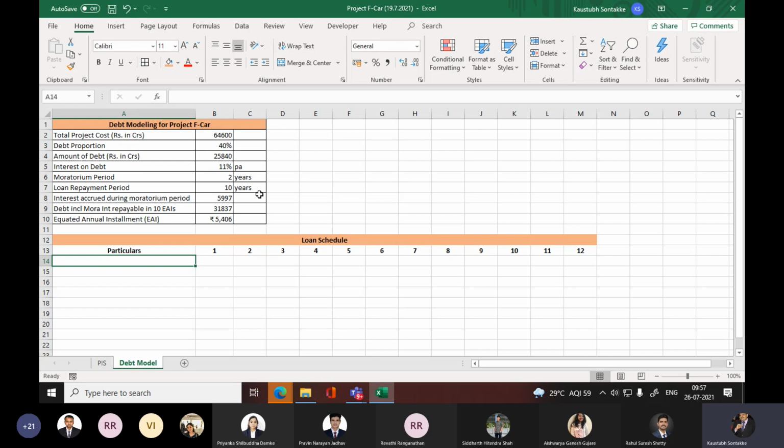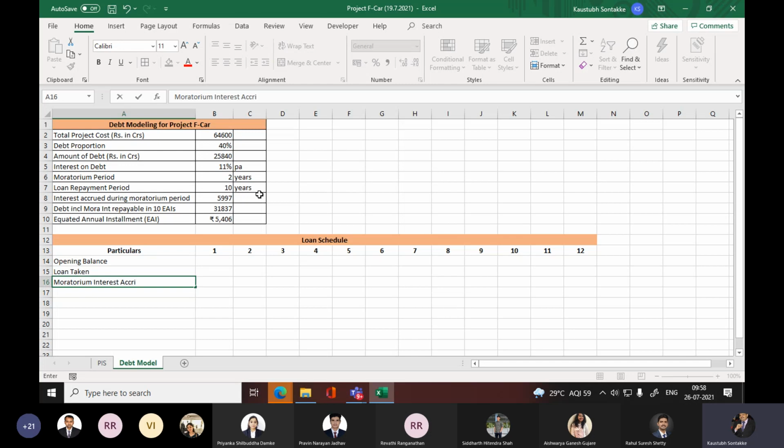One by one. So you can say first, have you prepared these particulars and all the years? Yes, sir. Okay, then write opening balance. Next, below this you write loan taken. Below this you write moratorium interest accrued.